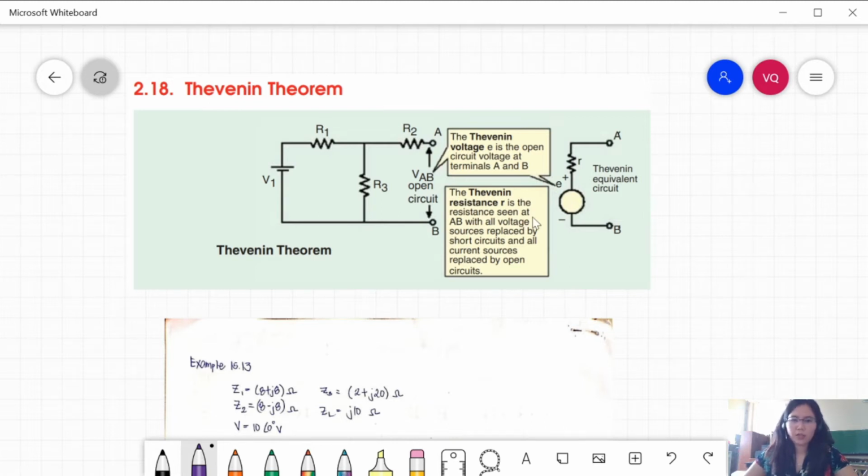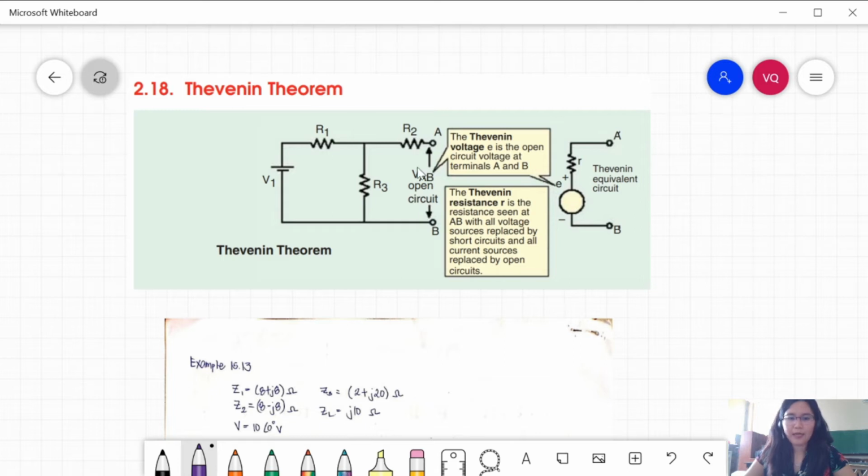By doing that, you need to short all the voltage sources and then solve for ZTH inwards.